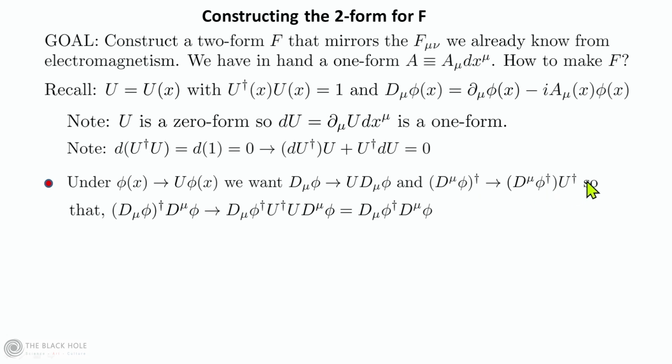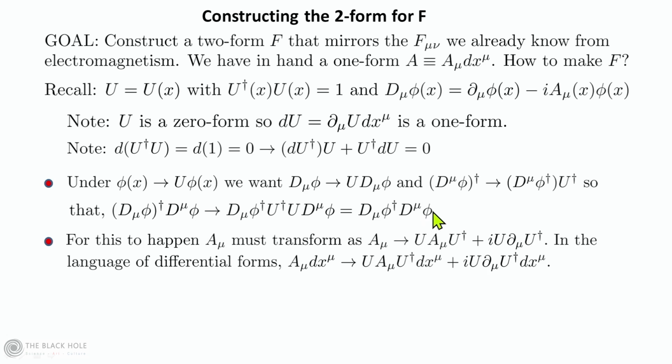You want this so that when you take this quantity, (D_μ φ)† D^μ φ, you want it to become itself. And it can become itself because if (D_μ φ)† transforms like this and D_μ φ transforms like this, then the whole transforms like this, and U†U is equal to 1, and so it becomes itself. So then that makes the kinetic part of the Lagrangian invariant.